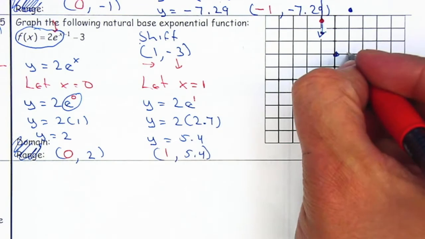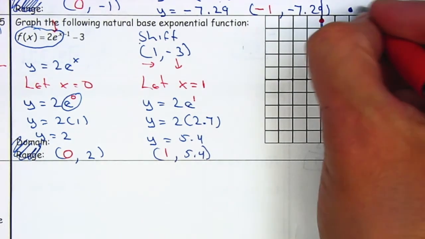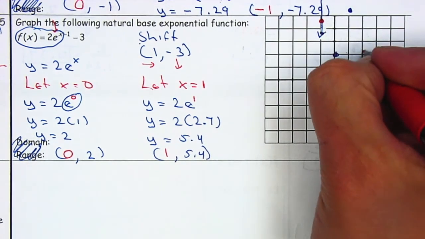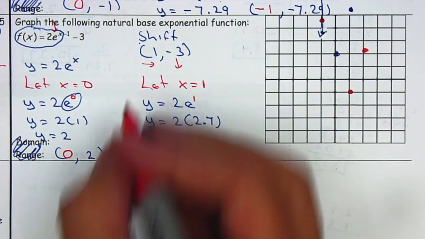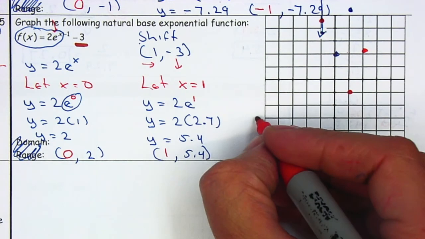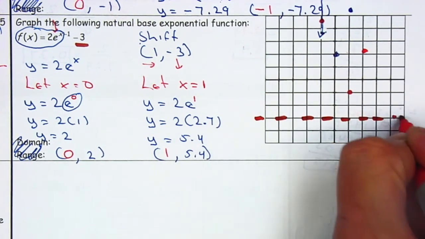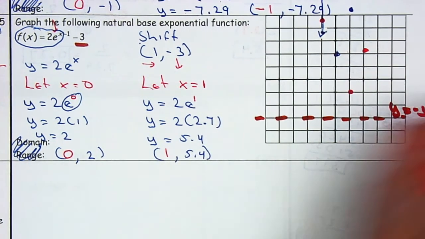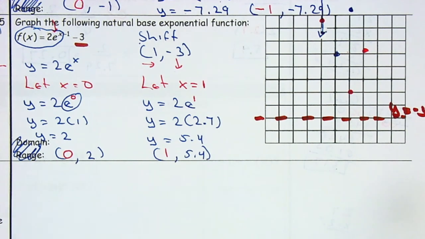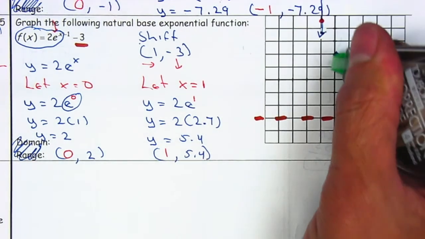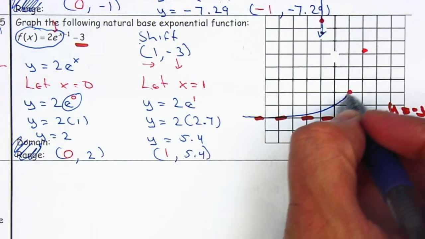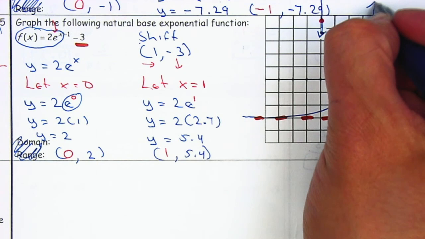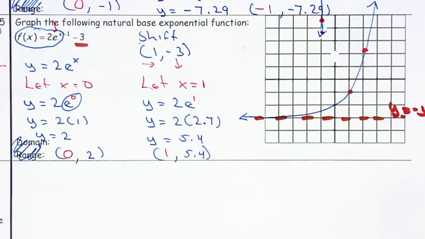Now my asymptote will be shifted down, y is equal to negative 3. It's going to be an exponential growth. I'm going to get rid of my previous points. And that'll be my function.